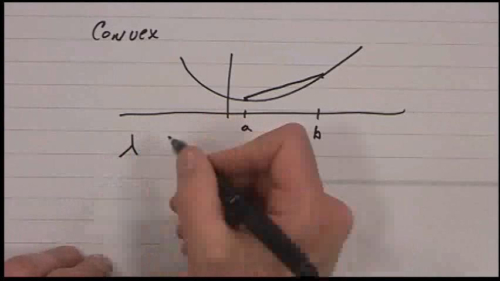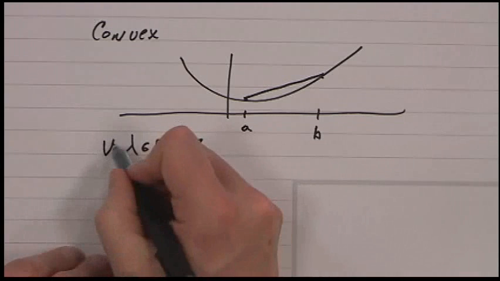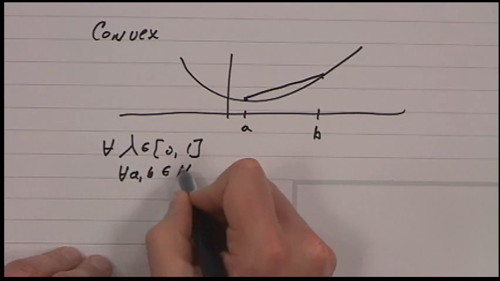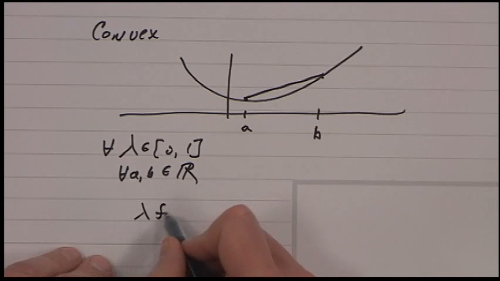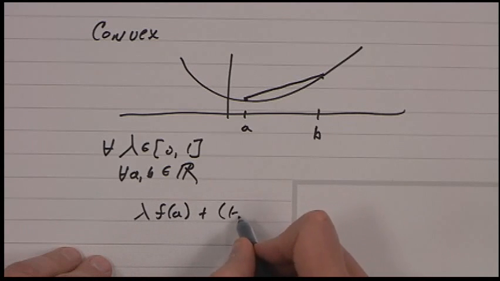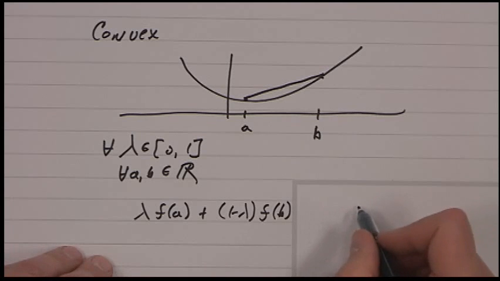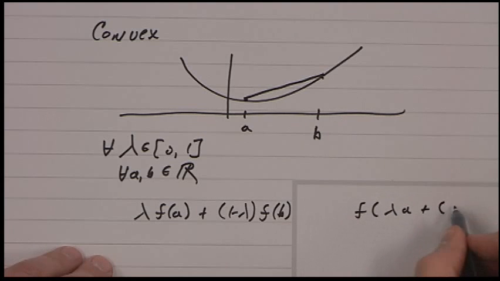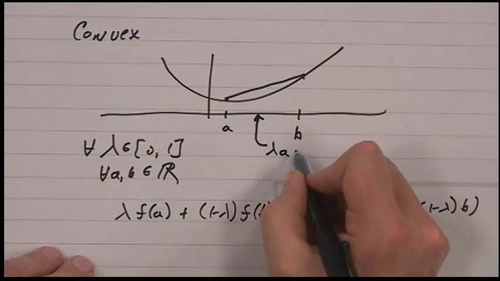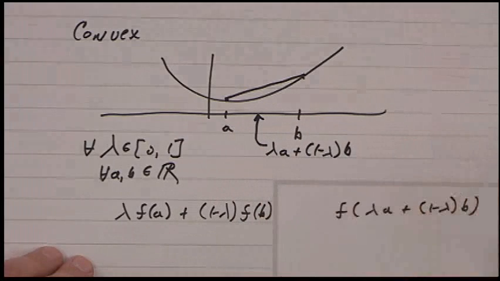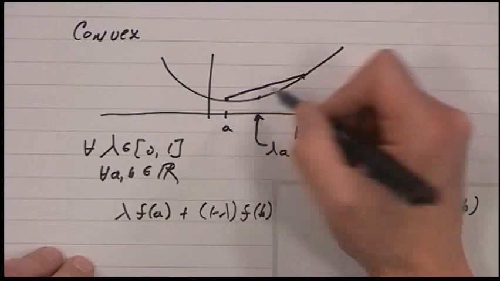So that means for all lambda in the interval 0, 1, and for all A and B, members of R, if we take lambda times f of A plus 1 minus lambda times f of B, and on the other side we take f of lambda A plus 1 minus lambda B, that's this point here on the right.